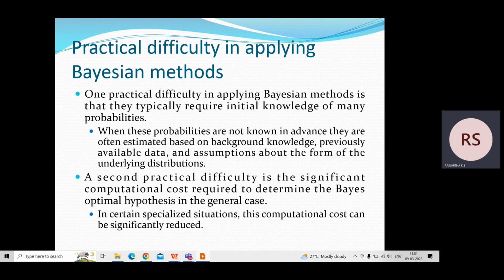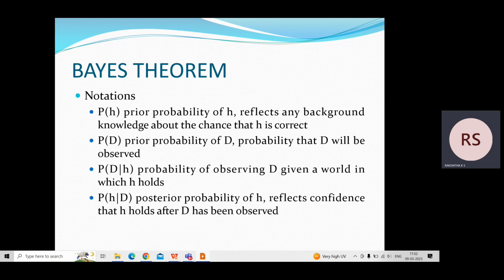The second practical difficulty is the significant computational cost required to determine the Bayes optimal hypothesis in the general case. These are the two difficulties we face in Bayesian methods.